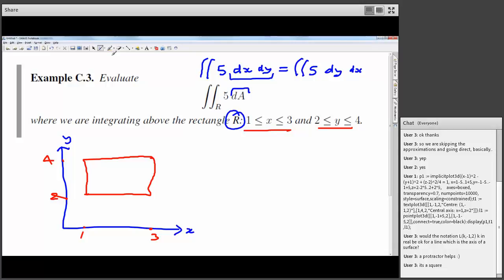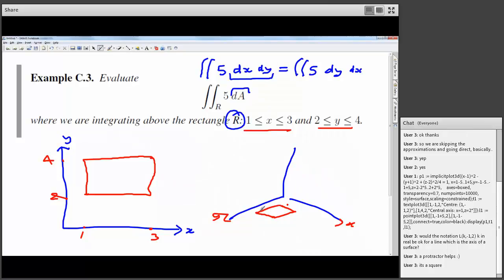We're going to try drawing the whole thing in 3D too. So drawing in 3D, this is my X, Y. So this is my square, and the plane, that's my region I'm integrating above.